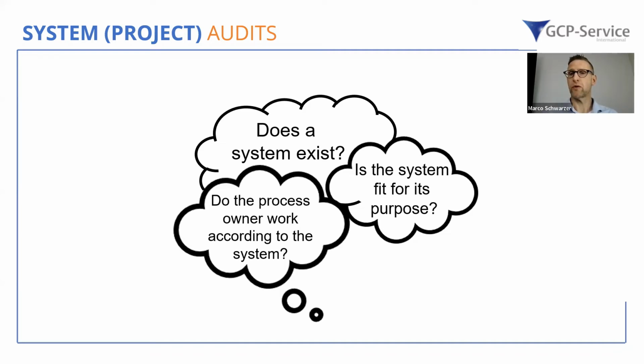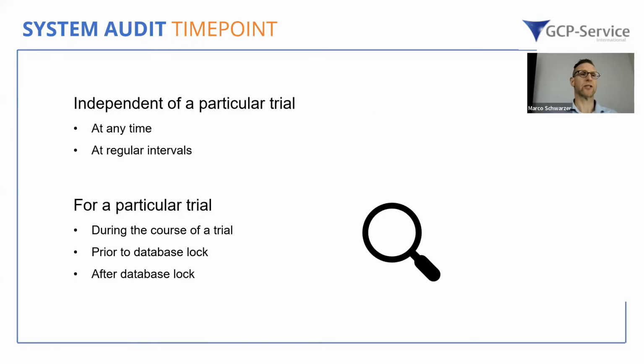So the question which could now come up is, what is the right time point for such an audit? Here we have to distinguish between an independent audit, which is conducted for the qualification or requalification of, for example, a CRO or a vendor, and this could be done at any time.